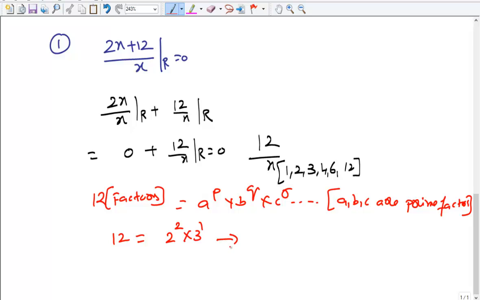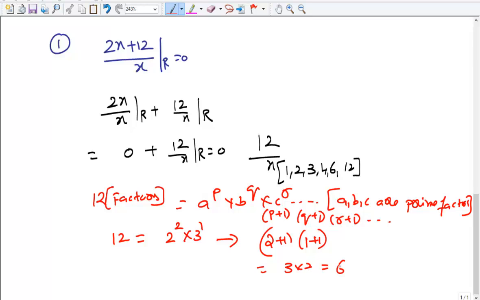So the number of factors would be 2 plus 1 into 1 plus 1. That is, p plus 1 into q plus 1 into r plus 1 and so on. So here this is 3 into 2, that is 6. It's completely based on factors. Let's solve the next question.